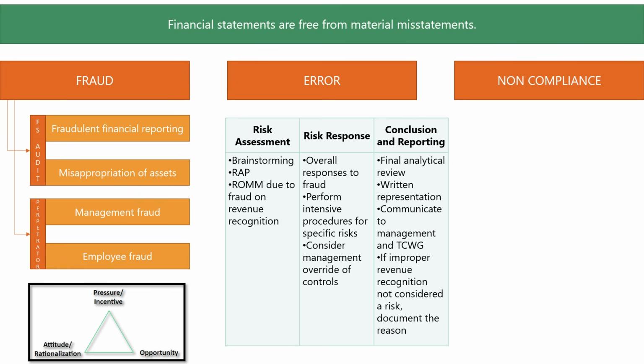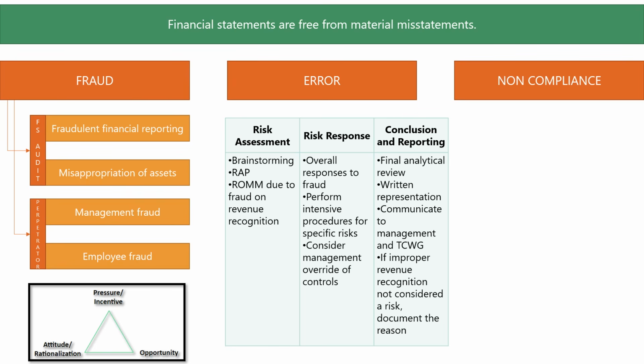Now, in terms of conclusion and reporting, of course, we perform final analytical review procedures in order to determine if there are still unusual relationships that we get to observe even after the balances have been audited. We request from management written representation. So if you would recall, we do have general or specific written representations.